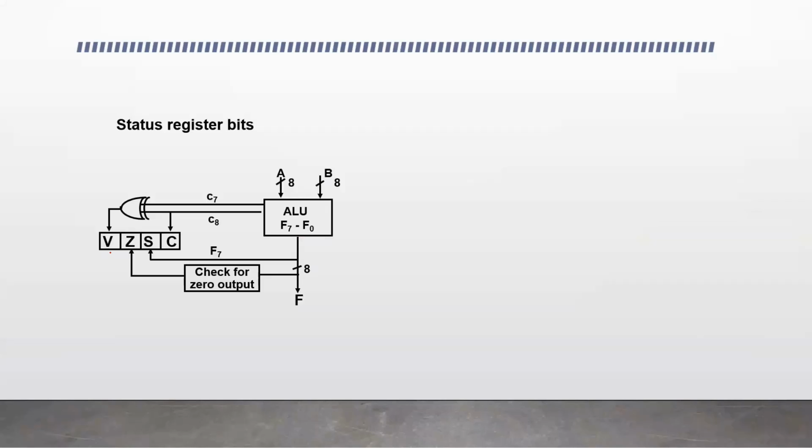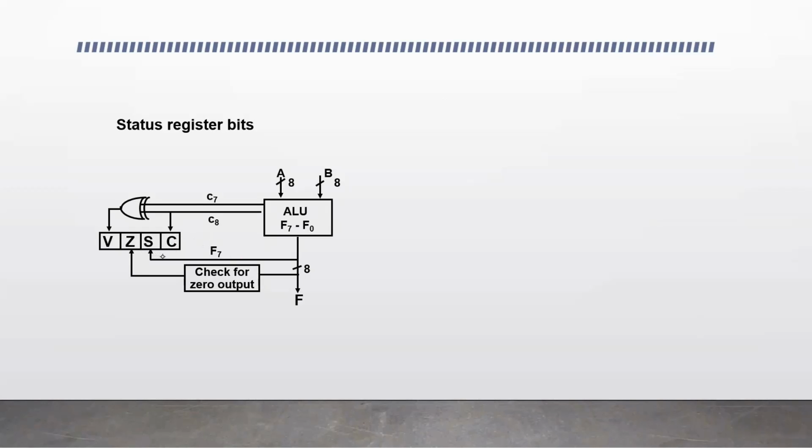bit overflow, that is denoted as V here, and the is-it-0 condition. It is set to 1 when the bits are 0, and when the bits are all not 0, it is set to 0. And sign for positive and negative, and carry, the status bit C, is used to see if there is a carry after the operation.